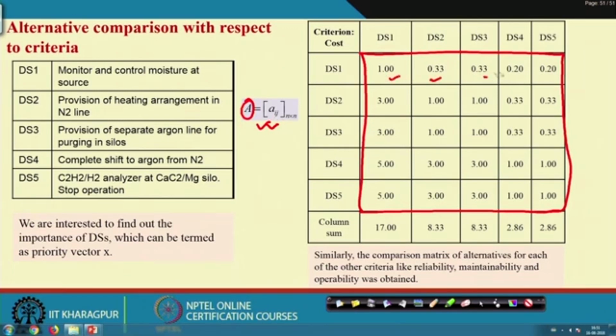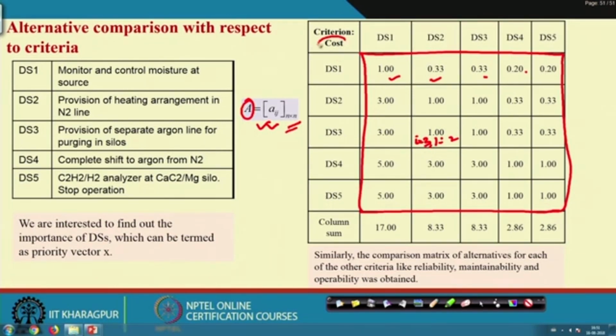Each of the elements: the ith row and jth column value is Aij. So, if I consider i equal to 3, j equal to 2. Okay. What is n? n is the number of alternatives, or the number of design solutions.